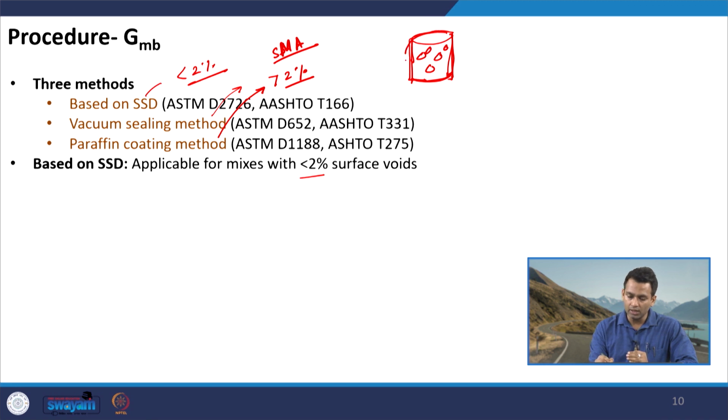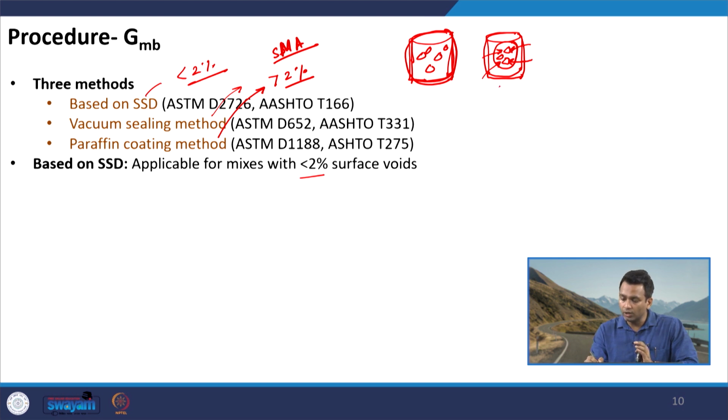So, we only need this surface volume, but if the mixture is such that the surface voids are very high, then what will happen? It may happen that when we are conditioning this specimen inside water or taking the weight inside water, some of the water will go inside because of high surface voids, and it will occupy space. Once it occupies space, it will change our weight, but this is not the volume I want to represent. I only want to represent the surface volume, the bulk volume.